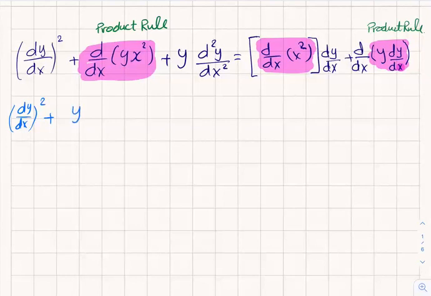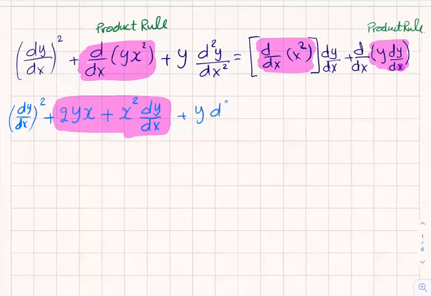The derivative of x squared is 2x, so it's 2yx or 2xy, same, doesn't matter, plus the second multiplied by the derivative of the first, so plus x squared times dy/dx. That's the pink bit here, I just differentiated. Now plus y d squared y over dx squared as it is equals.